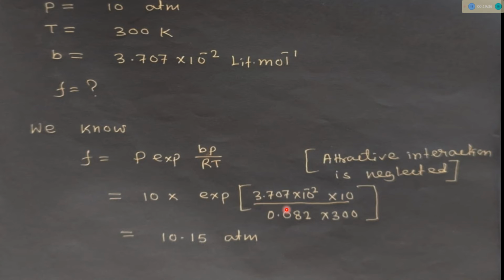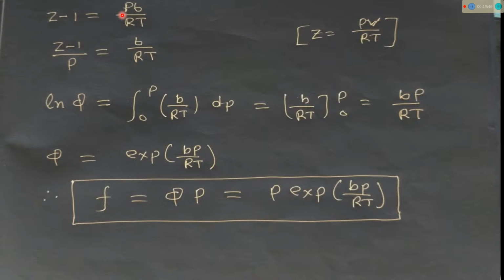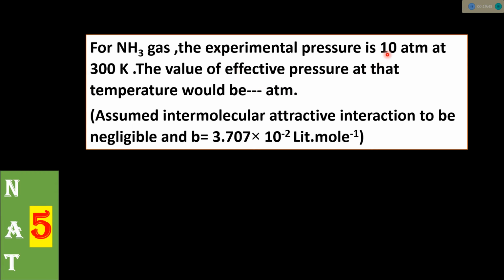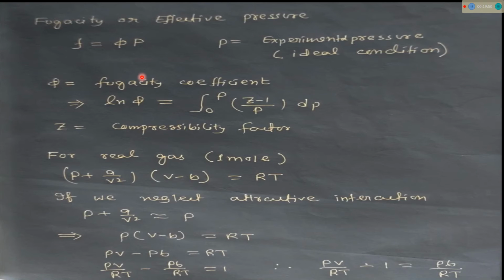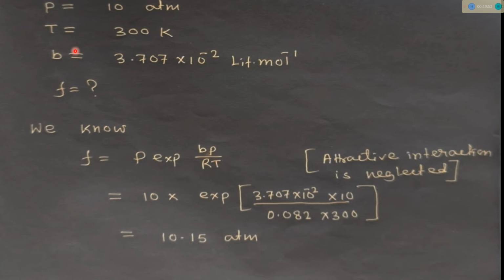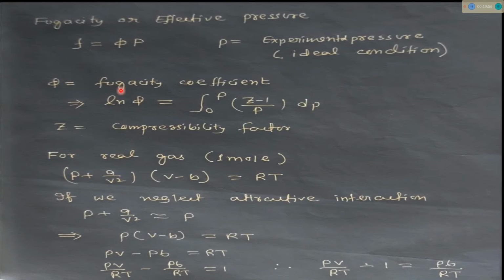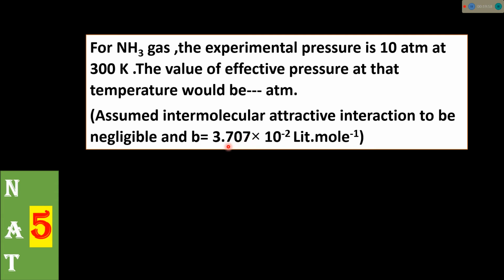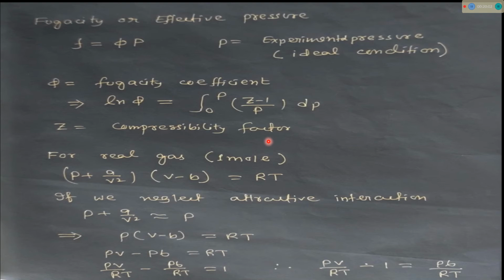Now see where the data is given. In the question, P, the experimental pressure or the pressure at ideal condition, is 10 atm. Temperature is 300 Kelvin. And the value of B, the repulsive parameter, is also given: 3.707 times 10 to the power minus 2 liter per mole.